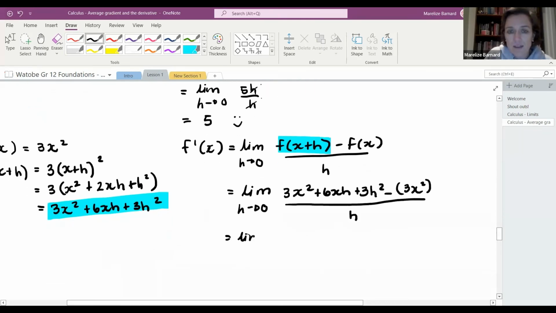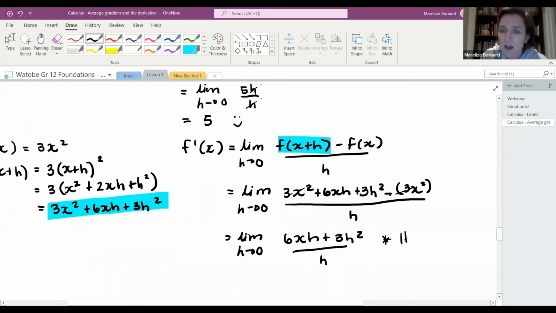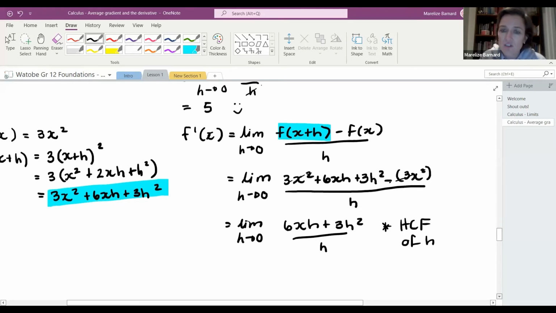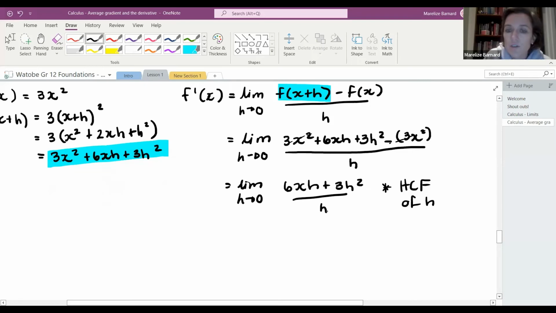Okay, so then the limit as h tends to 0, our 3x squared is going to add up to 0 with minus 3x squared. So we're going to have left 6xh plus 3h squared over h. And here we are going to take out a highest common factor just of h. I know we can take out a 3h, but let's just take out an h, because what we want to do is just eliminate this denominator that we have here.